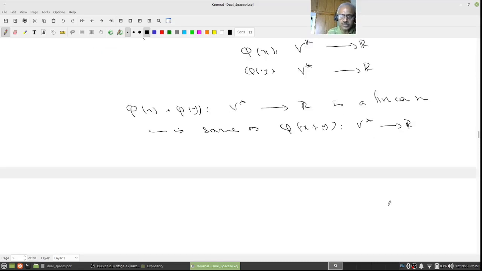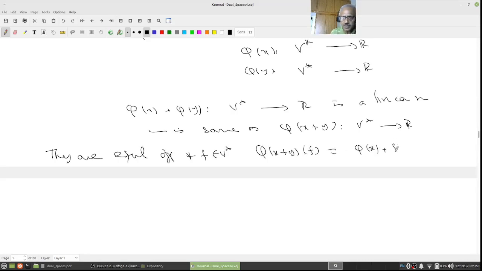So when are these two maps equal? They are equal if and only if for every f in V star I should have phi of x plus y acting on f equal to phi of x plus phi of y acting on f. I have to check this. If you notice, this is what we checked. This is by definition (x plus y) star acting on f.